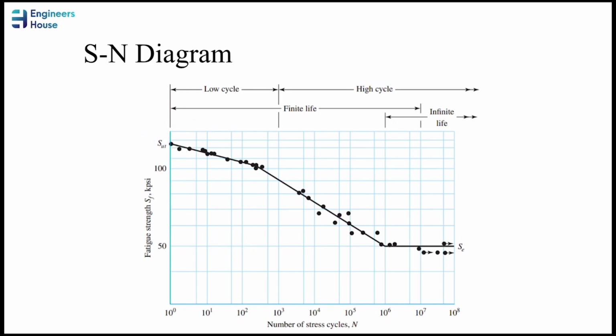There are some parameters you need to know in this diagram. The first is SUT. As you remember from statics or the mechanics of materials, SUT is the ultimate tensile strength that is obtained from the simple tensile test.